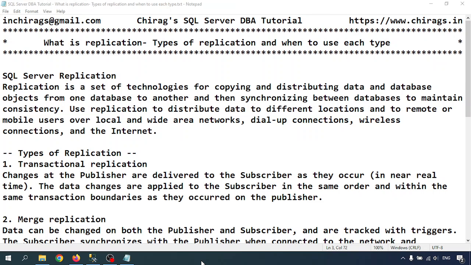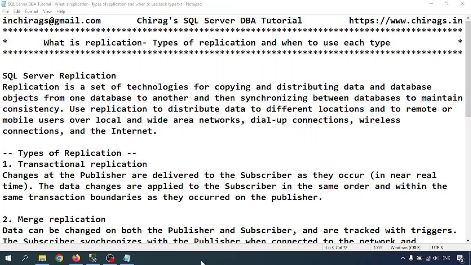So that is a real quick look at the architecture of replication: the publisher gives you the data, the data is read and distributed, this is my publisher, this is my subscriber. I get the data from the publisher and give it to the subscriber, and the subscriber is the destination. That is a quick overview of the architecture of replication.